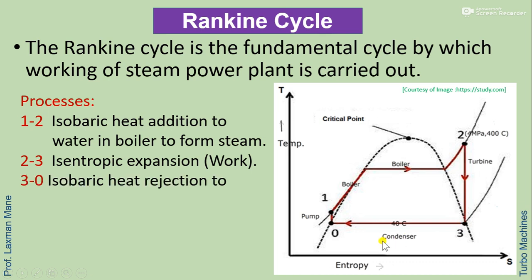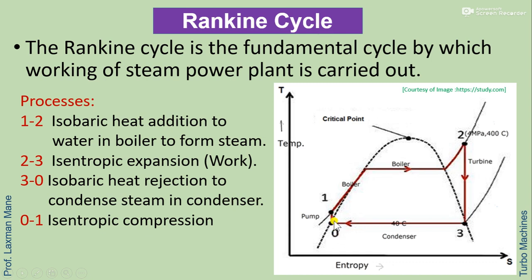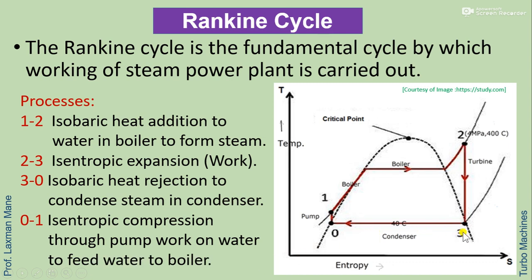Process 3 to 0 is isobaric, means constant pressure heat rejection to condense steam in condenser. And process 0 to 1 is isentropic compression, that is pumping of water to the boiler, and the cycle is completed. This is the Rankine cycle.